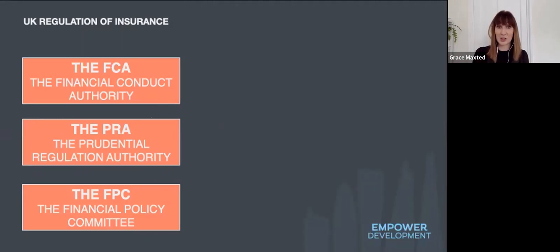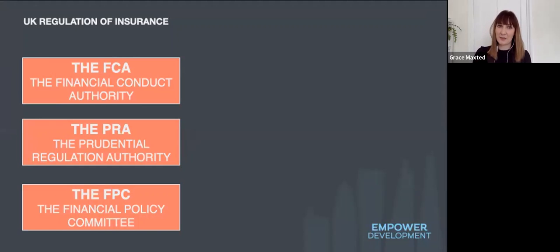They are the authorization regulator for insurers, and they want to make sure of the safety and soundness of PRA regulated persons. And the one that's not as commonly known about is the FPC, the Financial Policy Committee. They look for systemic risks and emerging risks across the market.